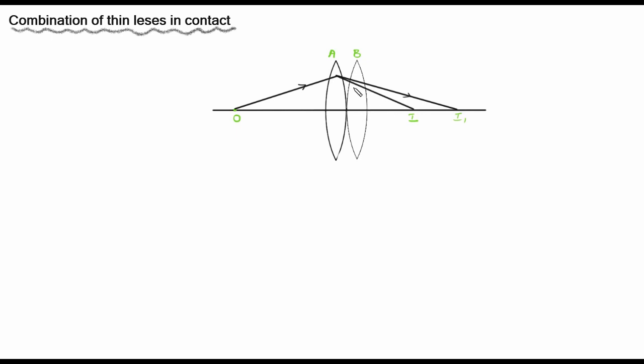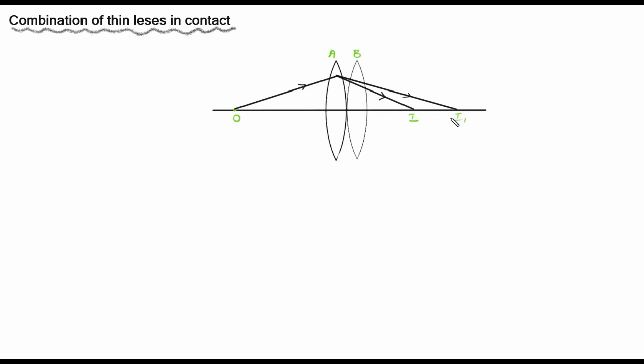And we will not be able to see this first image I1, because actually the object is O. When it creates image I1, since 2 times refraction takes place, for the refraction to take place from lens B, this I1 acts as a virtual object.